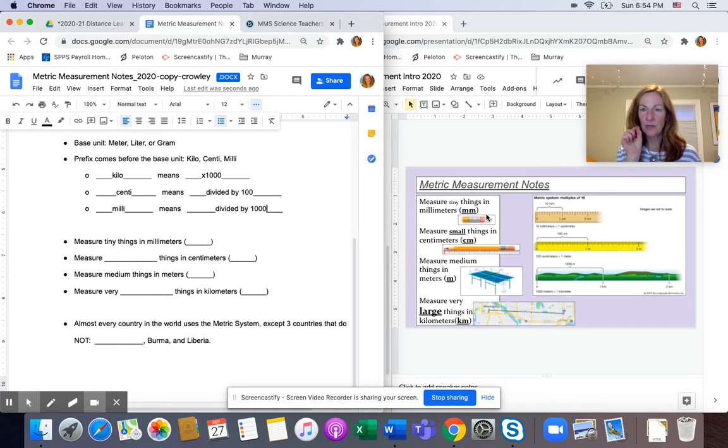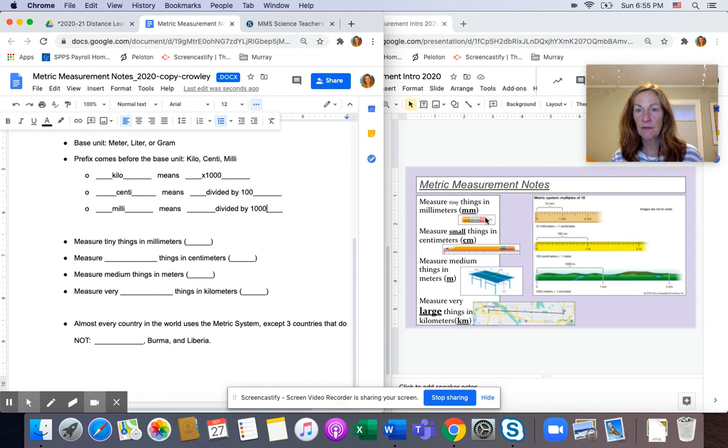So when you're measuring something very small in distance, you're going to measure in milli, or something that's a very small volume, like liquid. So sometimes in nursing, or doctors will use milliliters, centiliters, okay, because even in the medical field, they use the metric system.